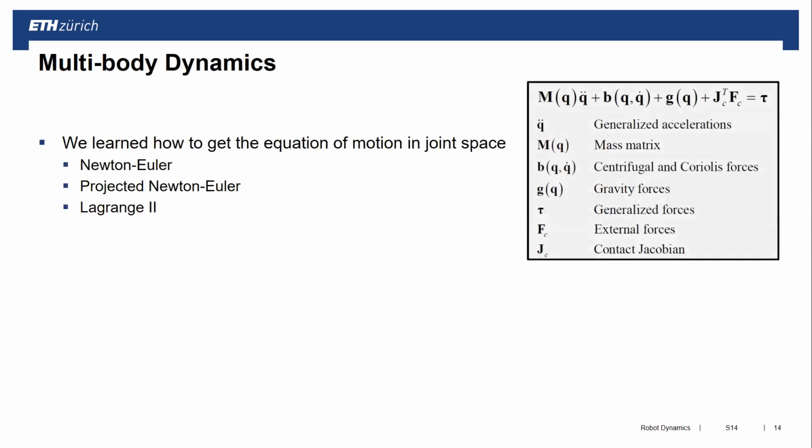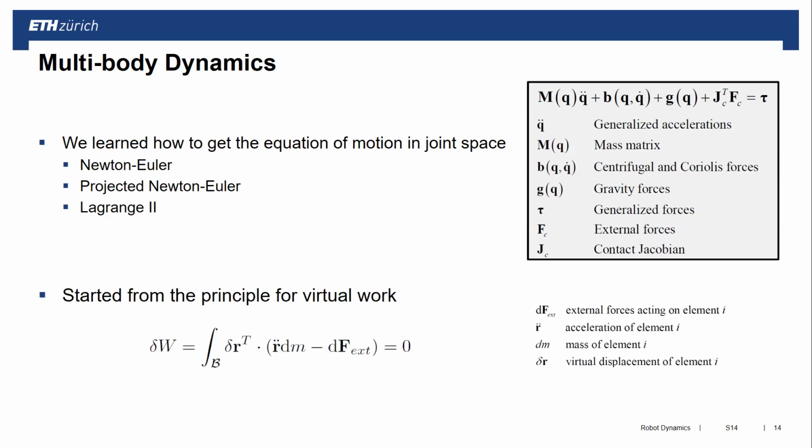Then the second bigger part of the theory was about dynamics. We always looked at these dynamics equations of motion. I think in the meanwhile you've seen this in plenty of examples. We looked at 3 different methods for how we can determine this mass matrix, the Coriolis and centrifugal part, the gravitational part, external forces, and then the actuation forces.